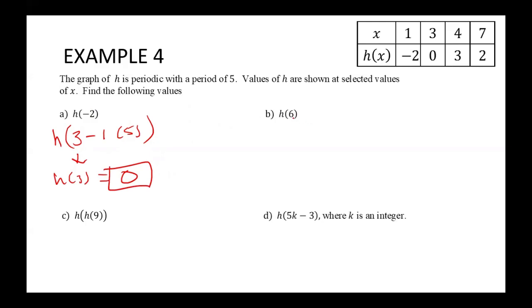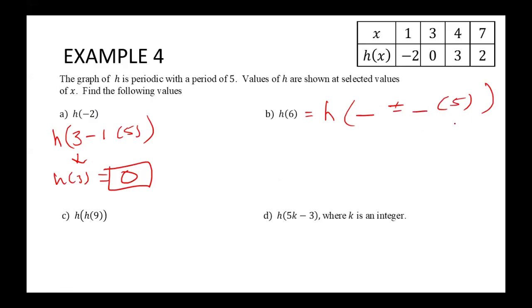Okay, let's try it again. 6. How can I get 6? It's something plus or minus something times 5.